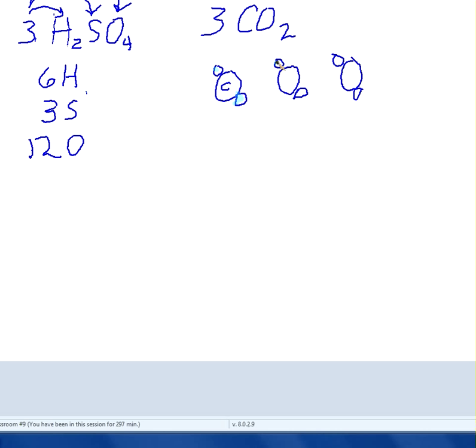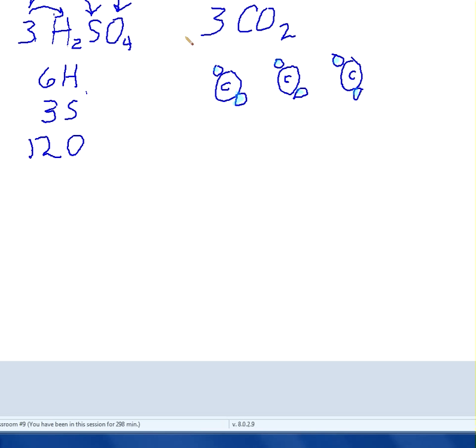Then I have another one over here. What do I have in the middle there? Those are oxygen. There's that carbon atom here in the middle. And there's another carbon atom. Okay, so that shows 3 molecules of the CO2.